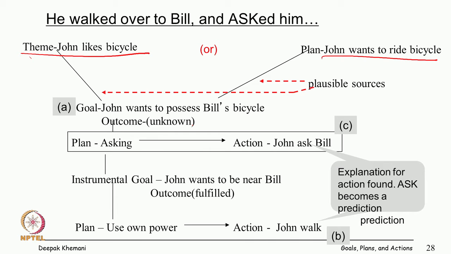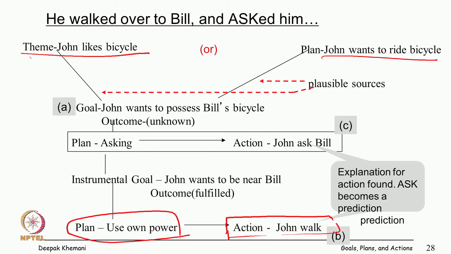we hear this part that he walked over to Bill. Why did he walk over to Bill? Because he had a plan of walking or moving under his own power, so to speak.